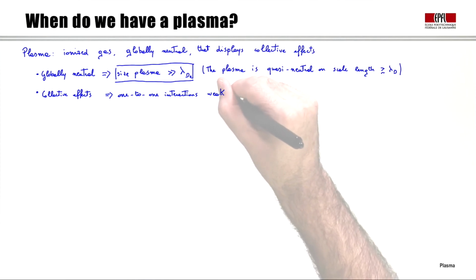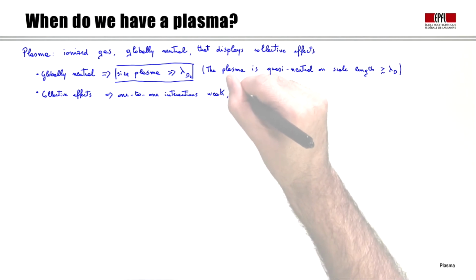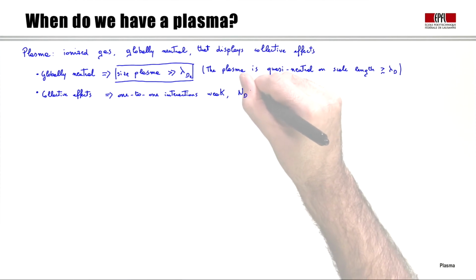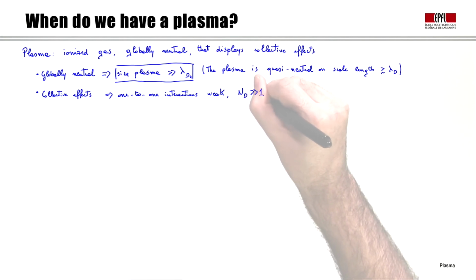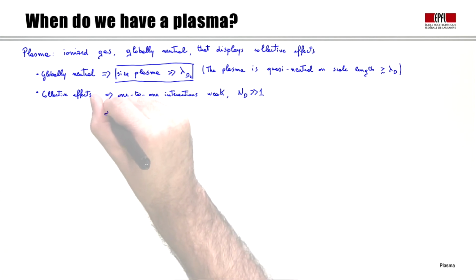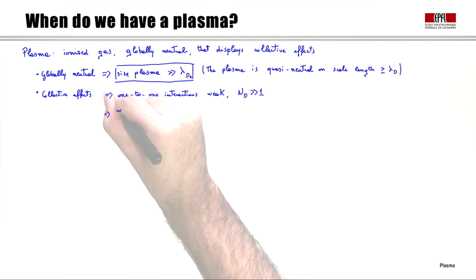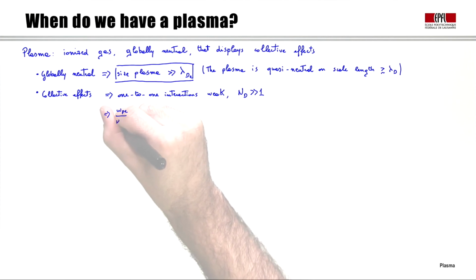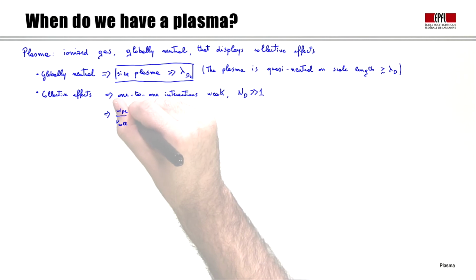And this, as we have seen, occurs when the number of particles in a Debye cube is much larger than 1. But it also implies one other thing, that the frequency of collective motion of the plasma is larger than the frequency of collisional processes.